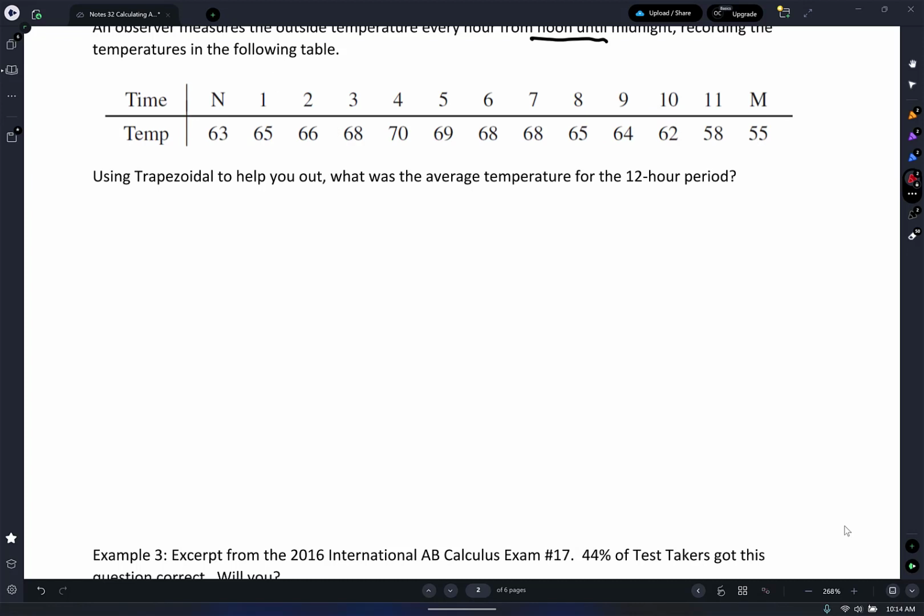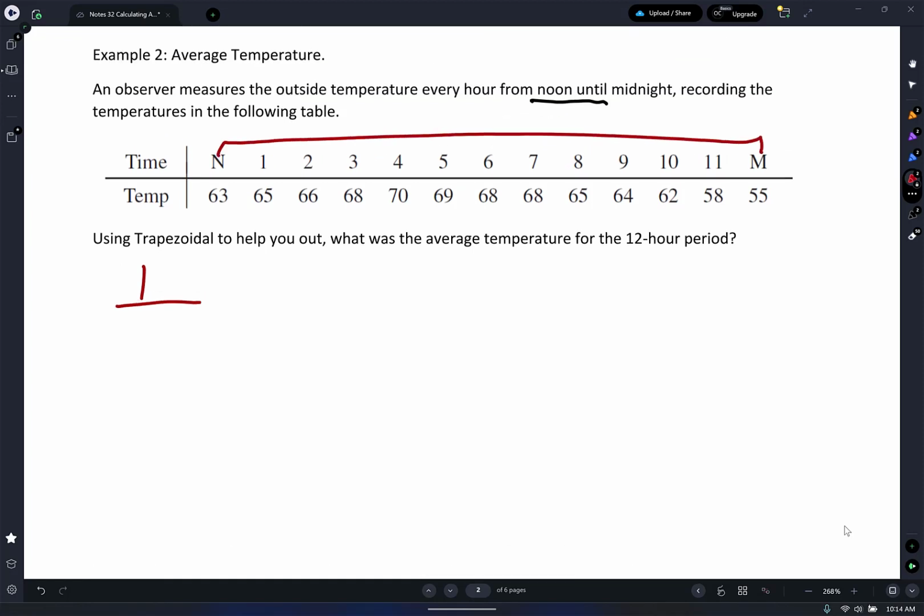Here's what I'm doing. 1 over the difference between noon and midnight, which is 12, times the integral from noon, which I'm going to call 0, all the way to 12 of temperature, capital T of x, dx.